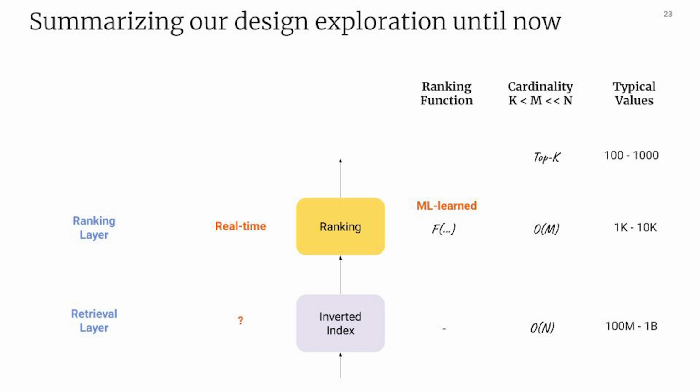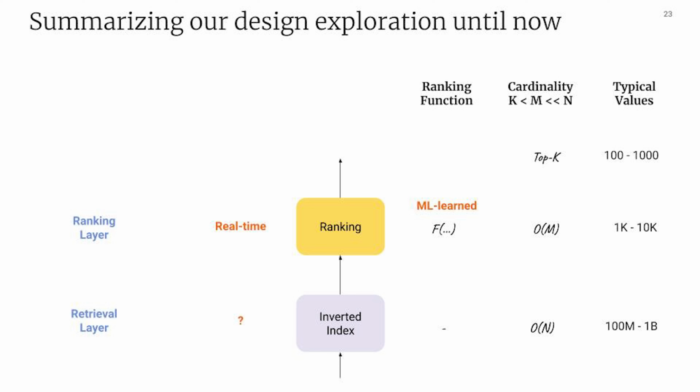If you look at ranking and retrieval, the inverted index retrieval can operate over a big cardinality, represented here as O of n, so it could operate over 100 million items or 1 billion items or even more, and that's retrieval, right? But when you come to the ranking layer, it's operating at a cardinality which is a lot smaller. And what we found is anything between 1,000 items to 10,000 items, depending on the complexity of the ranking model, you can make it operate.